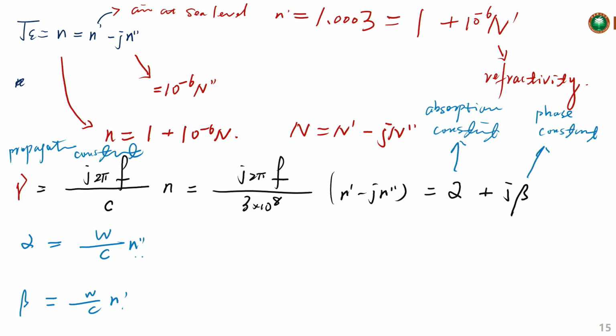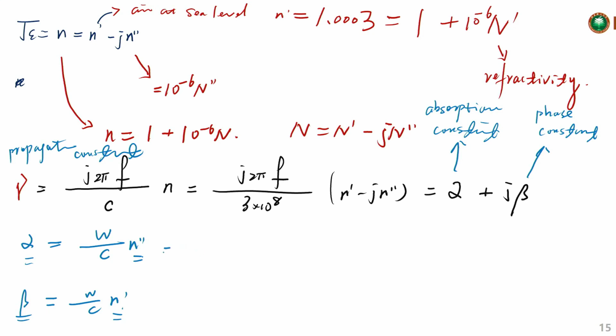So now we know that if we get the refractive index of a medium for electromagnetic waves, its imaginary part is related to the absorption, and its real part is related to the phase propagation, the phase constant, or the refraction.